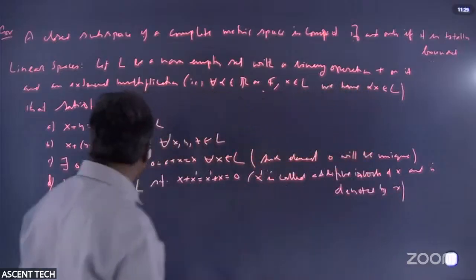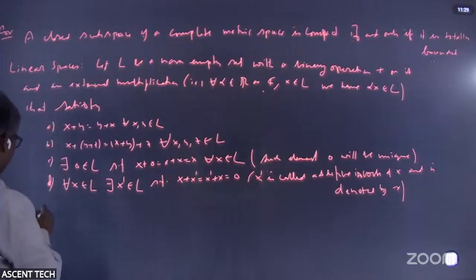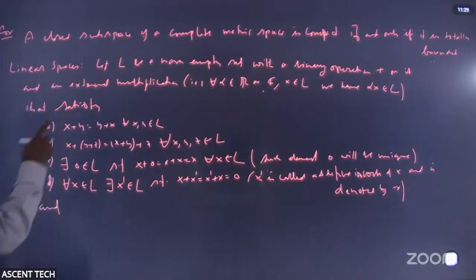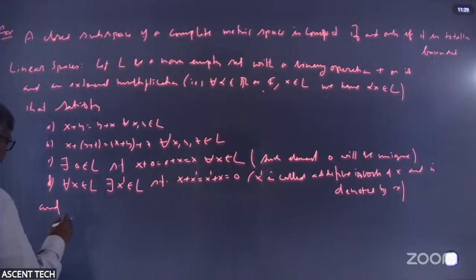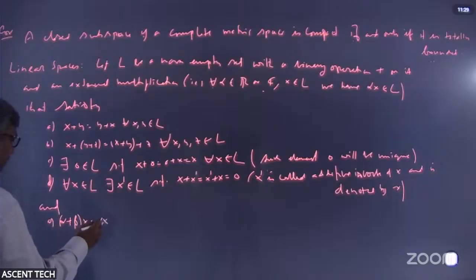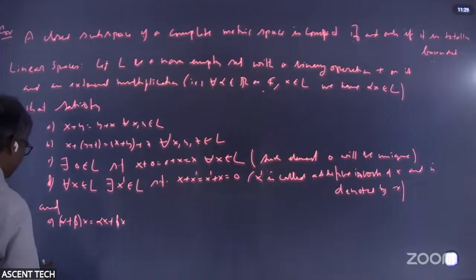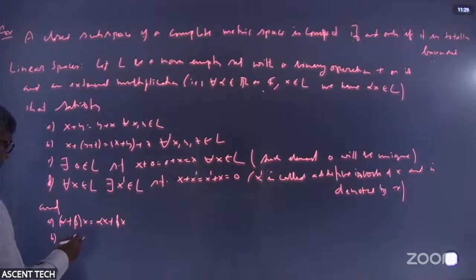Okay, so I want these properties to be satisfied, and the external property that is there should also satisfy this condition. Alpha plus beta times x is alpha x plus beta x. Alpha into x plus y is alpha x plus alpha y.